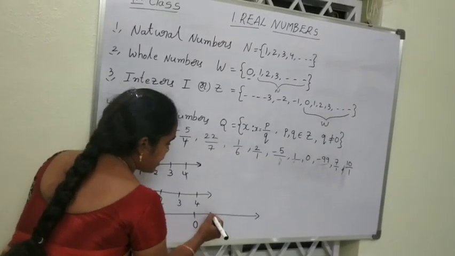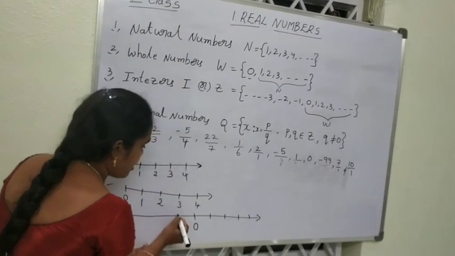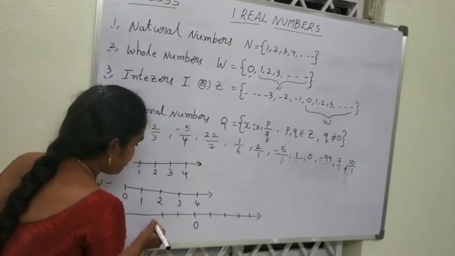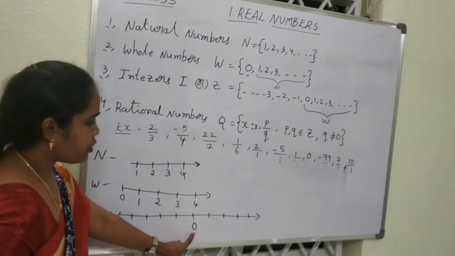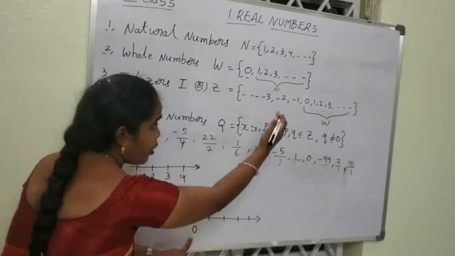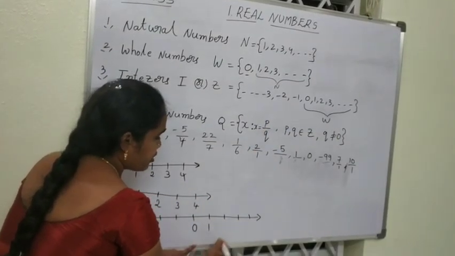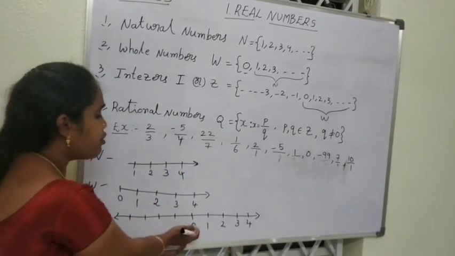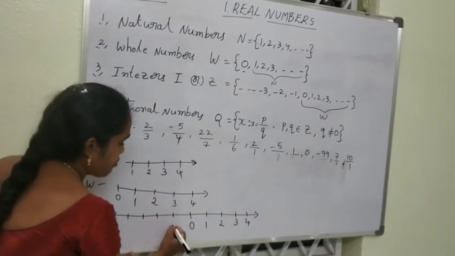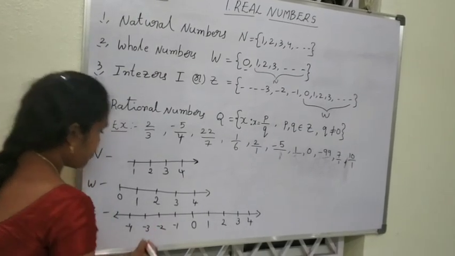So 0 right side keep some marks, and 0 left side keep some marks, and we have to maintain the same distance. Now, 0 right side, positive integers, always right side positive integers. So 1 and 2, 3, 4, and 0 left side negative integers, minus 1, minus 2, minus 3, minus 4.